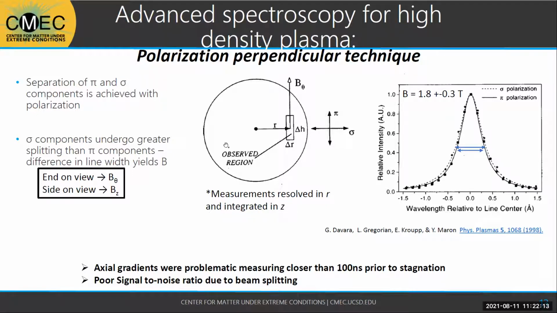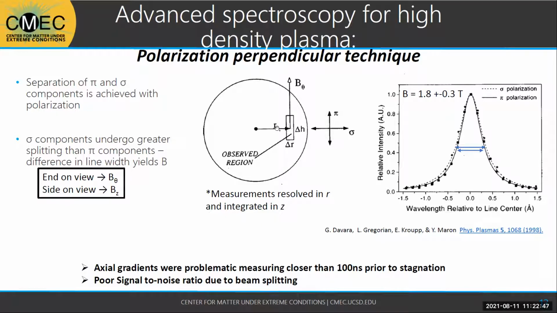By using polarization, you separate the sigma and pi components, which are predictably split to different magnitudes from each other. In the experiment you use a polarizing beam splitter to separate the two components. The pi components are orthogonal to the sigma components, and that's why you're able to do this.